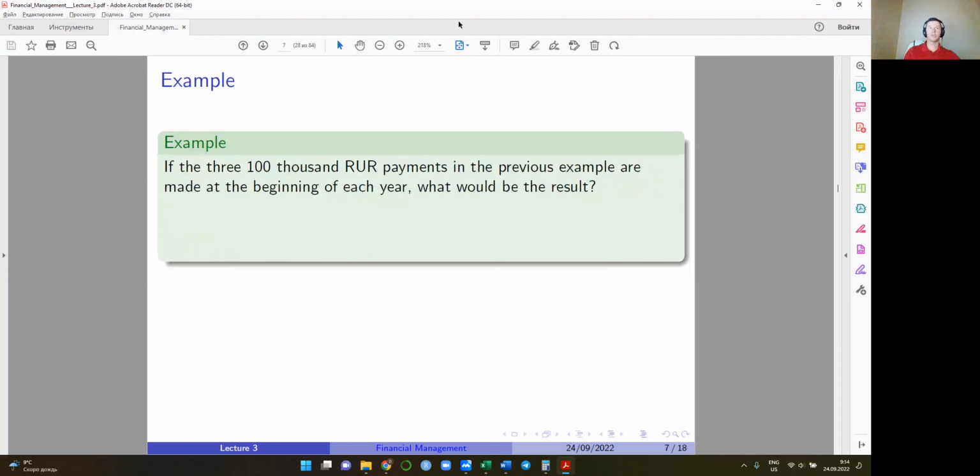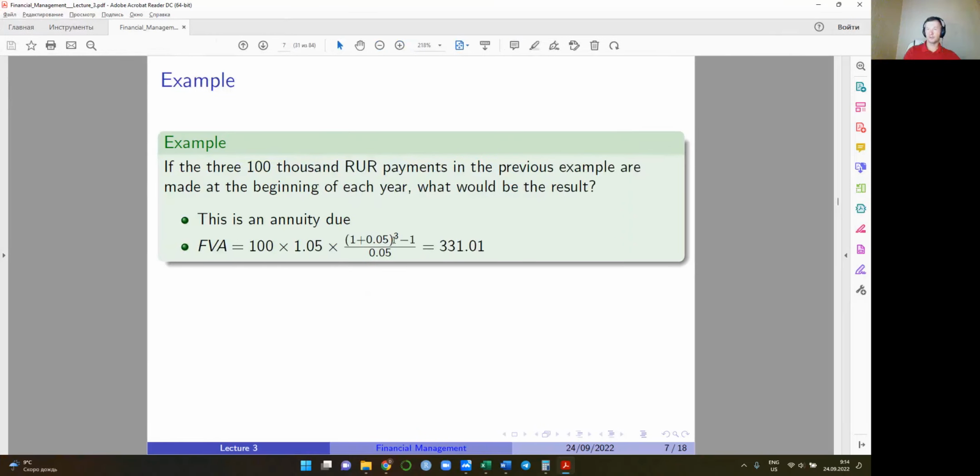Now, the question is, what happens if all of these payments are made at the beginning of each year? As you can guess, now we apply the first case, when it's an annuity due.